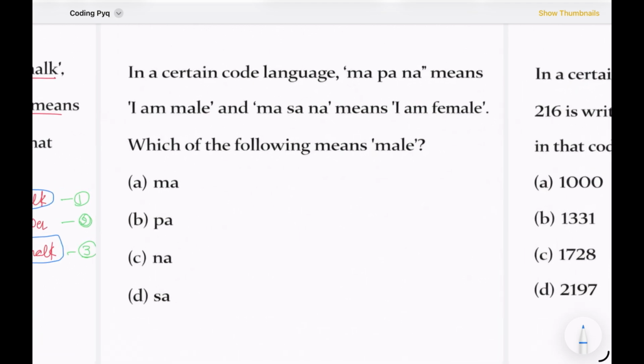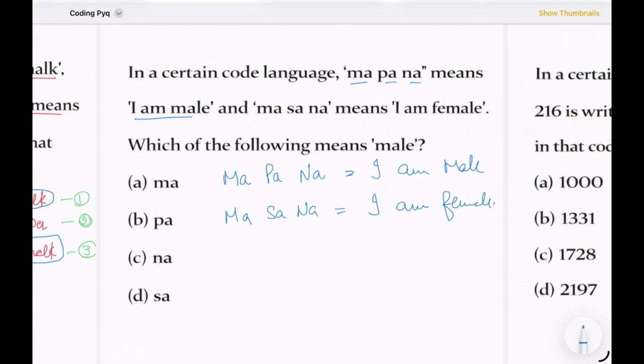Next question: in a certain code language, ma pa na means I am male, and ma sa na represents I am female. From both, 2 common words we have, that is ma and na, and from both equations I and am are also common.